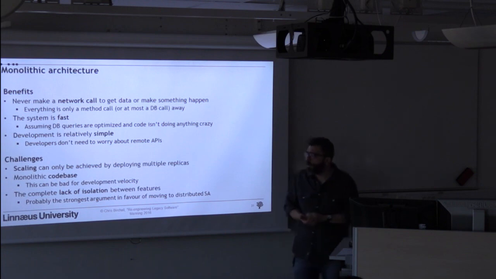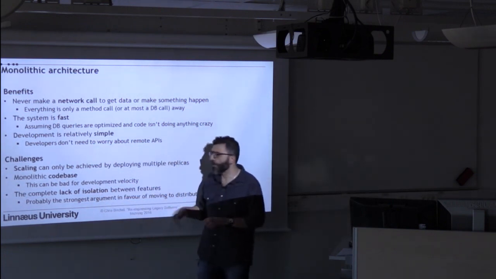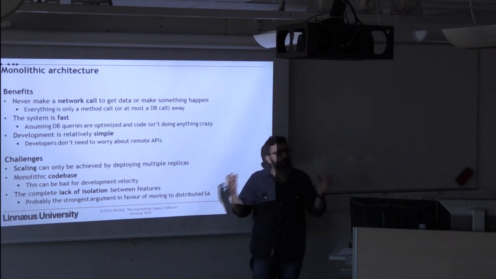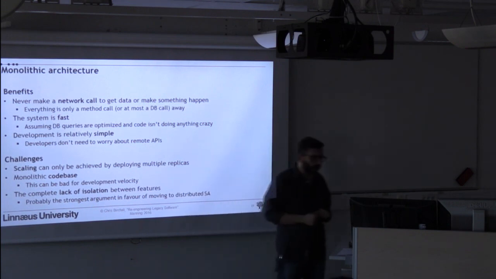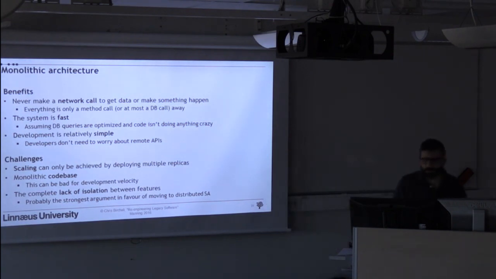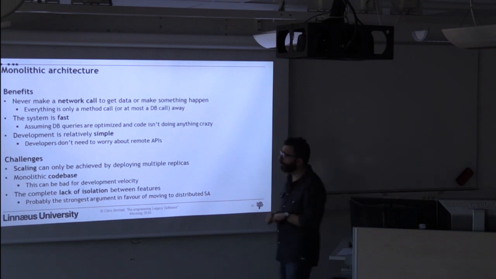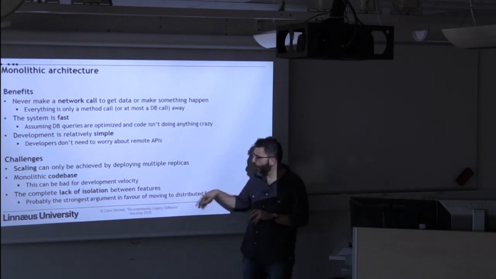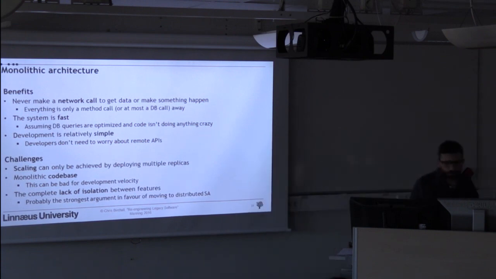There might be a complete lack of isolation between the different features, because all the features are in the same code base, and then they might be really tightly coupled to each other. Then it's very difficult to move towards a distributed software architecture in that case.